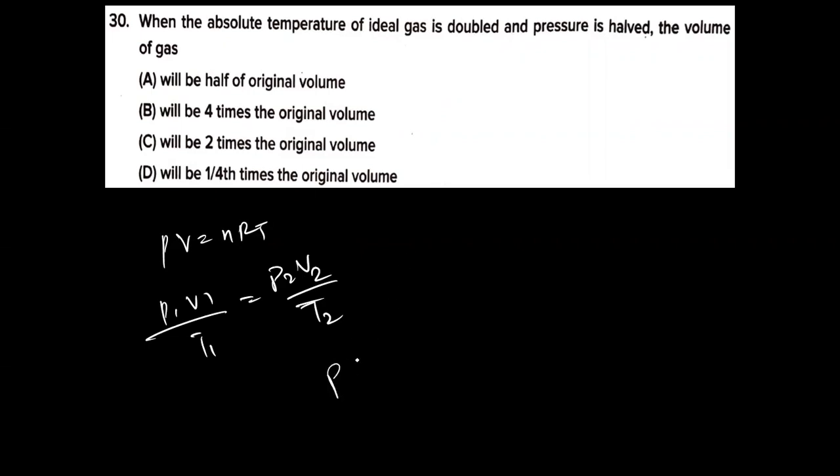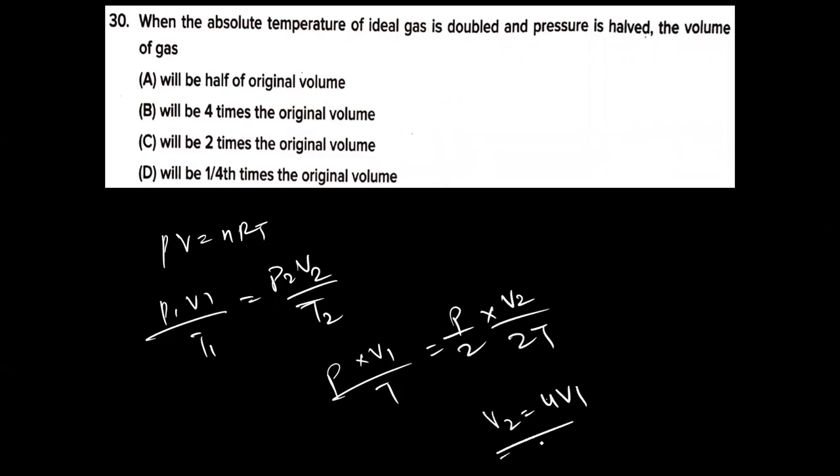They have given the condition P into V1 divided by T is equal to P by 2 into V2 divided by 2T. On simplification, some terms cancel and only the volume terms remain. V2 is equal to 4V1. So if V2 is equal to 4V1, the volume of the gas will be 4 times the original volume. That is option B.